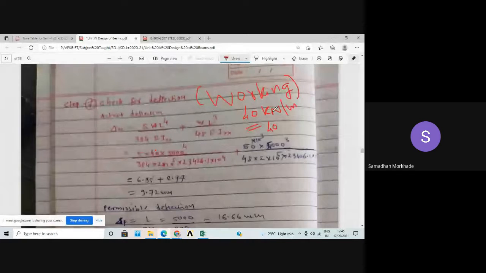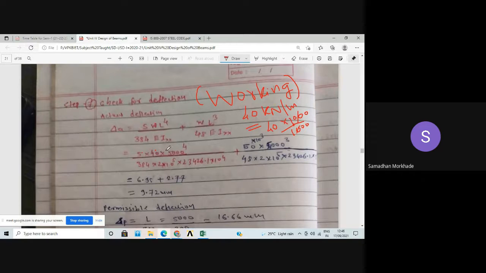To convert kilonewton into Newton, we have to multiply by 1000. Similarly, to convert mm into meter, we have to divide by 1000. So ultimately this 1000 is going to be cancelled. So 40 kilonewton per meter is equal to 40 Newton per mm, one and the same thing.